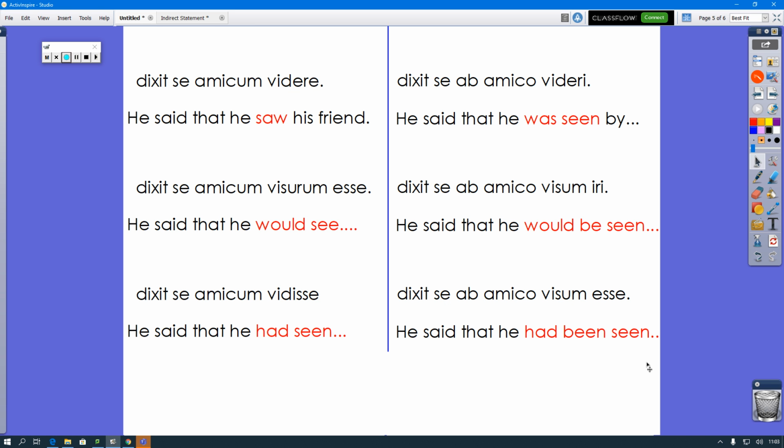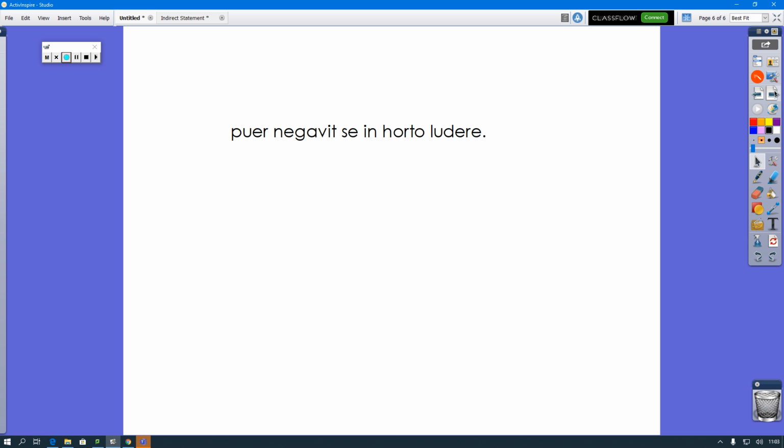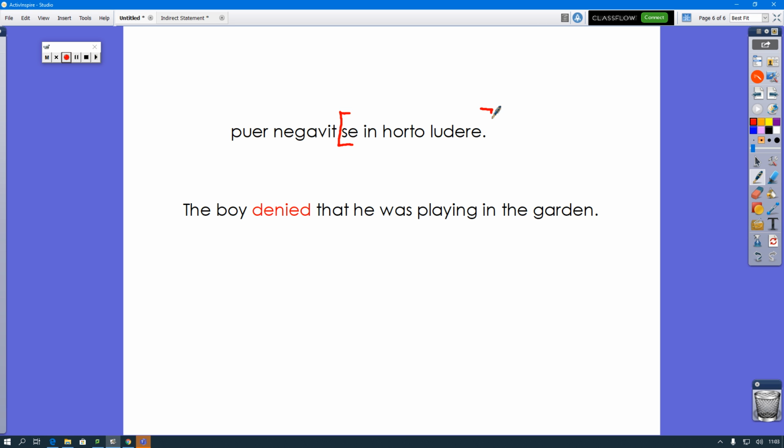The last thing to say about indirect statement is the word nego. Nego means I deny in Latin. And so our simplest translation of this sentence should be, the boy denied that he was playing in the garden. My brackets, my accusative, and my infinitive.